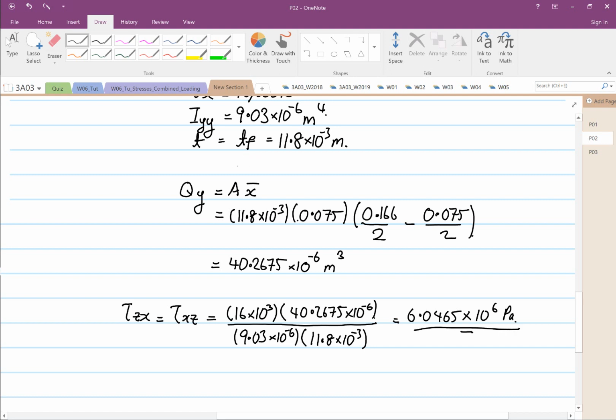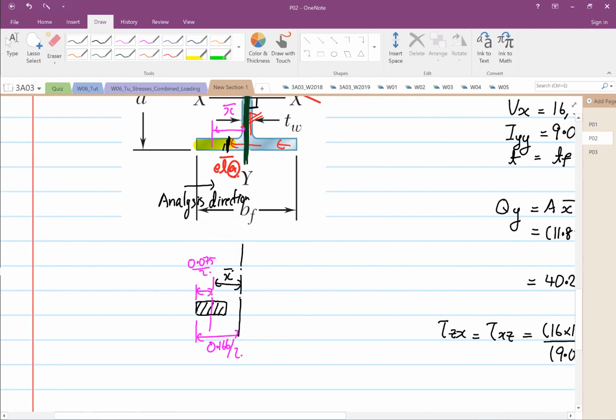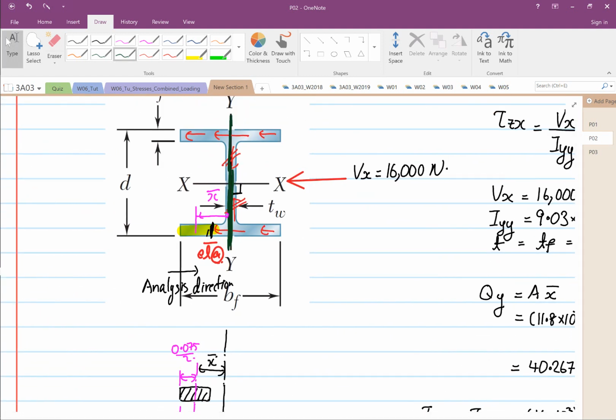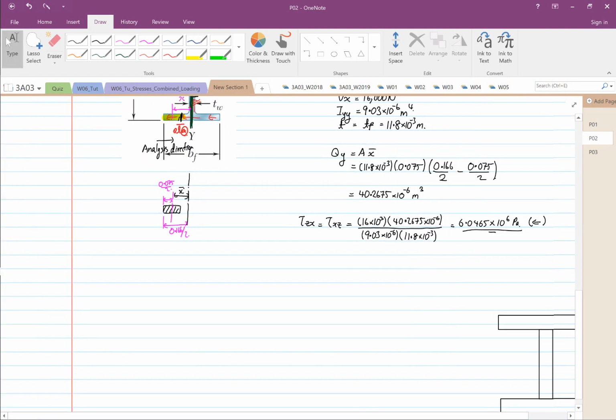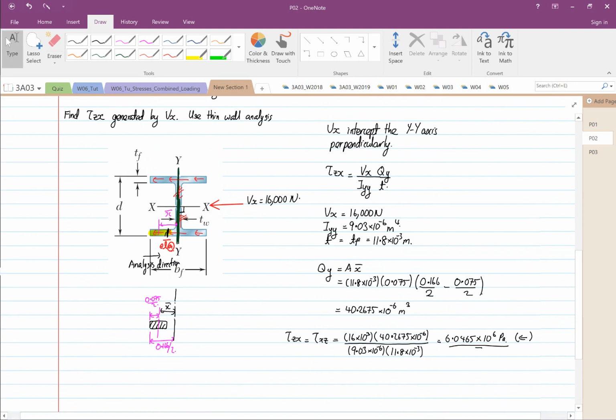Okay, so it's going towards the left hand side because look at the arrow down here. The shear is going down in this direction. Okay, for that section. Then later, in the next video, I'll show you how to find the shear stress induced by Vx.